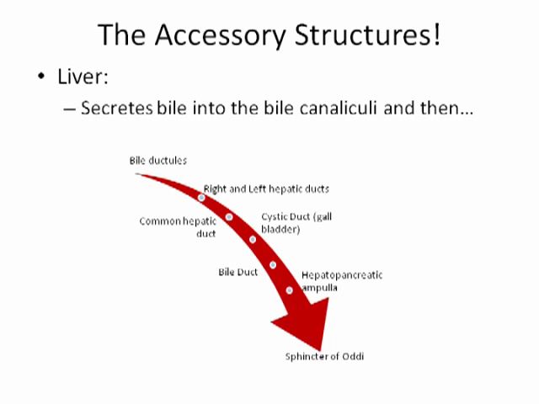We're going to start our discussion with the accessory structures, such as the gallbladder, the liver, and the pancreas, and move back into the main structures of the digestive system, the intestines, and what really happens during the intestines as far as absorption and reabsorption, and then finally into the large intestine, aka the colon.